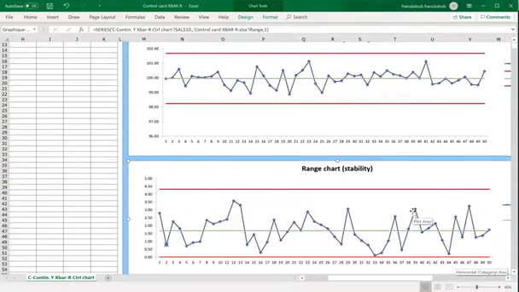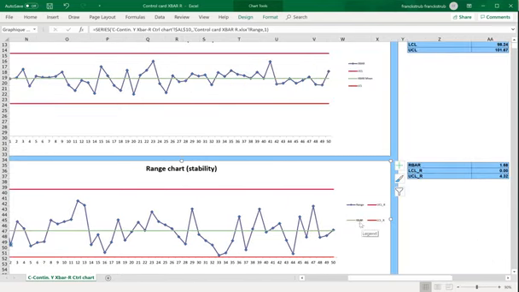So we speak of X-bar R control charts, and because you have 50 data sets, so 50 X-bars, you have 50 ranges, computed with the maximum and minimum value of each data set. And of course, we can compute the mean of your ranges. It's called R-bar. And we can compute the standard deviation of all your ranges.